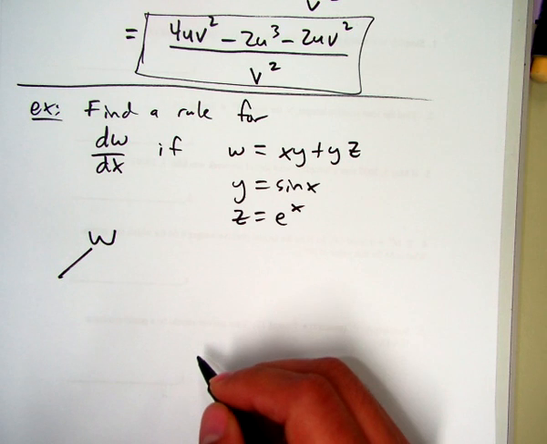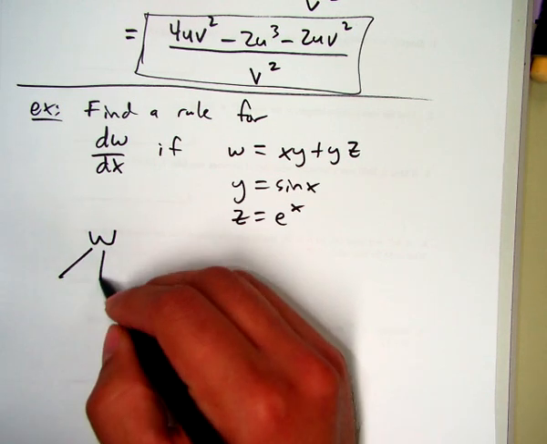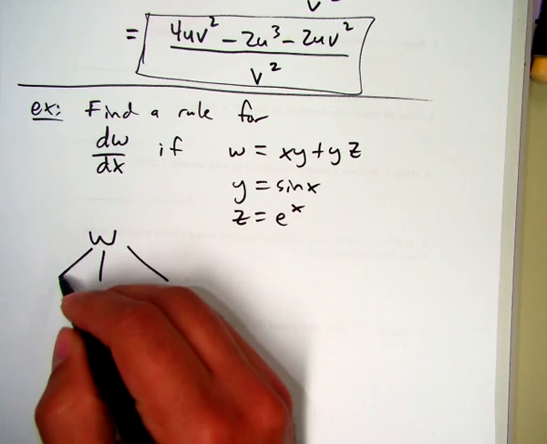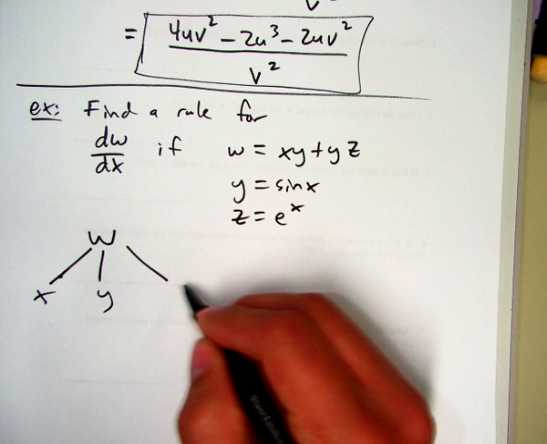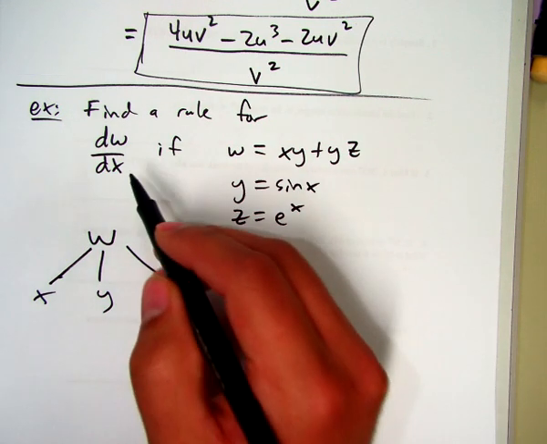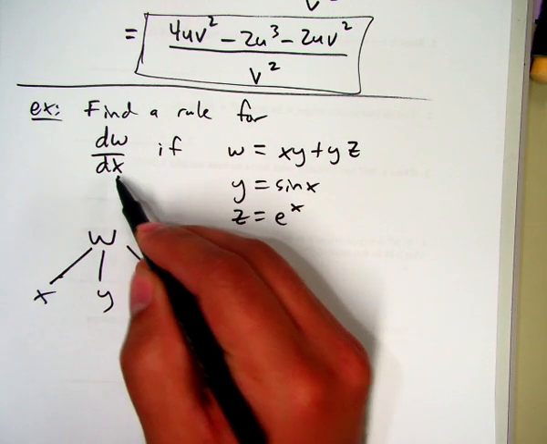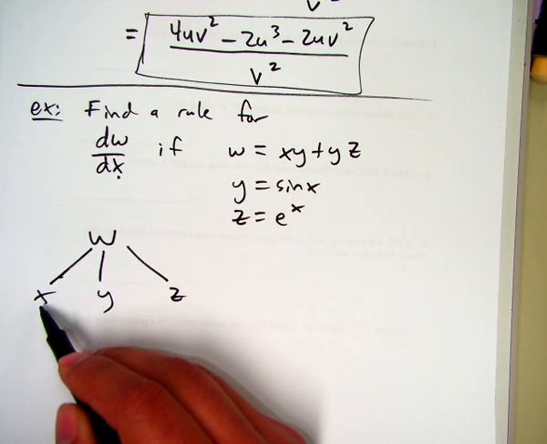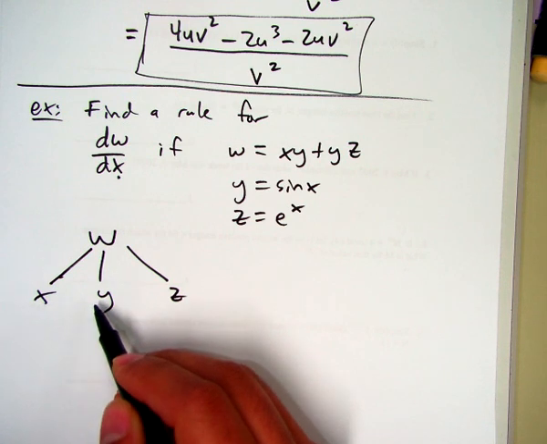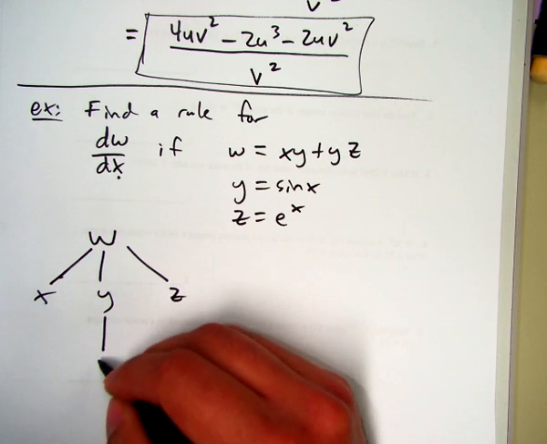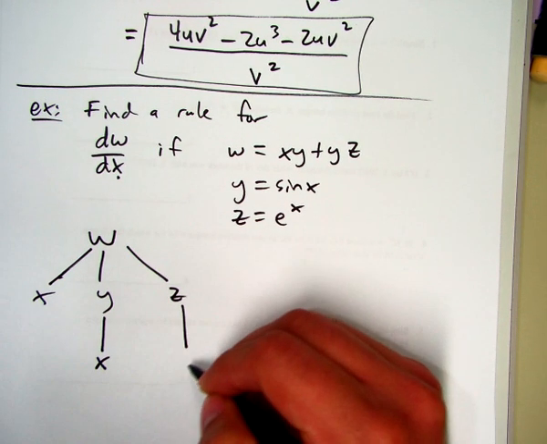So if I have w, which is defined in terms of x, y, z, my goal is to finish in x. This is already good, so that path's done. However, y is defined in terms of x, as is z.